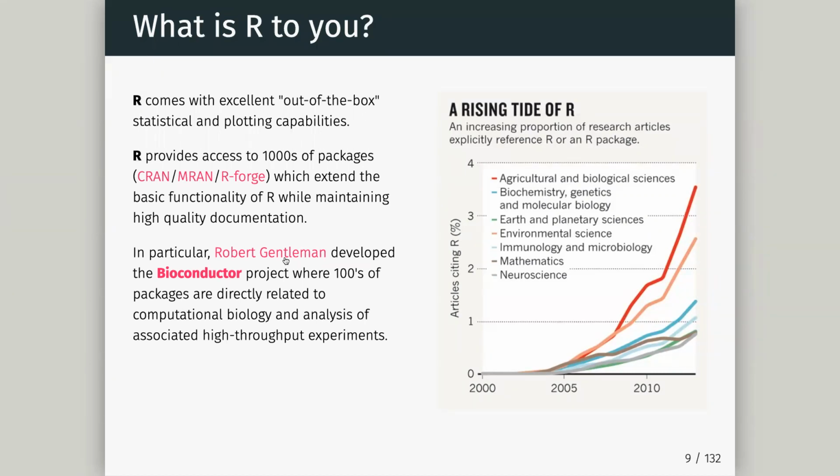Bioconductor packages really have great documentation, a vignette to talk you through the entire analysis. It was really Robert Gentleman, who was one of the people in R. One of his big things when he stepped out of the main R core group was to establish this. There are hundreds, thousands of packages now available to work on computational biology, but in particular, high throughput sequencing.